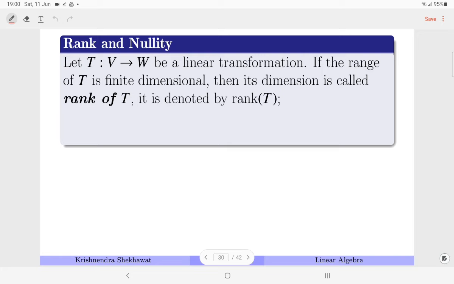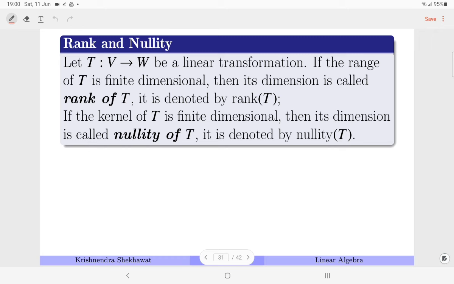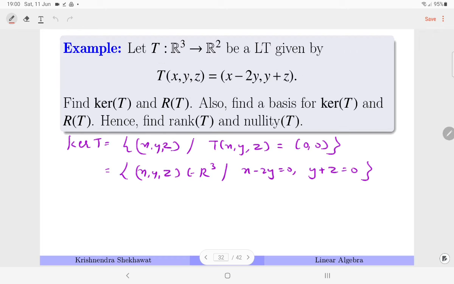Now if T is a linear transformation from V to W, then the dimension of range T is said to be rank T, and dimension of kernel T is defined as nullity T. So this is a simple question where we need to find the kernel T and range T, and then the basis for kernel T, range T, and their rank and nullity. So kernel T is all those x, y, z where T of x, y, z is equal to 0, 0.